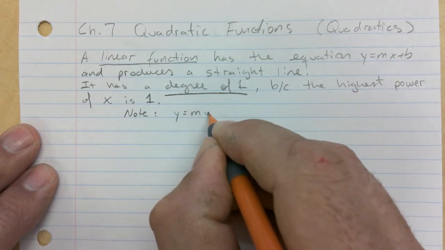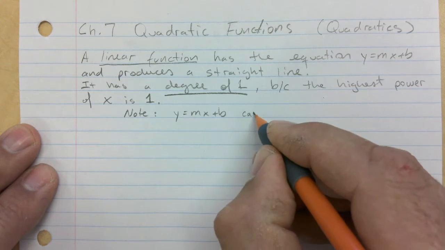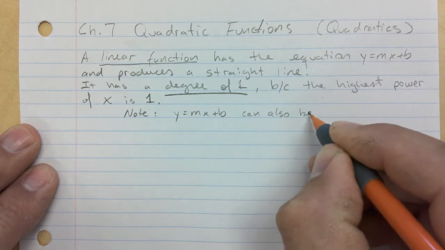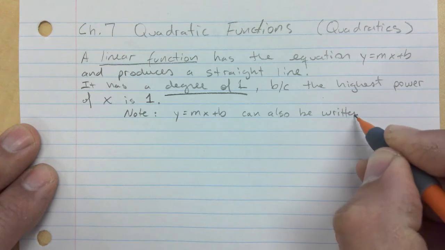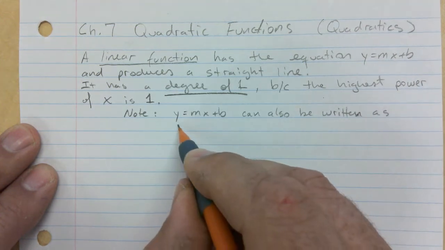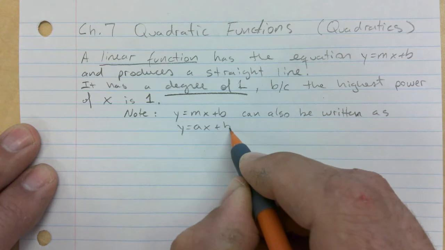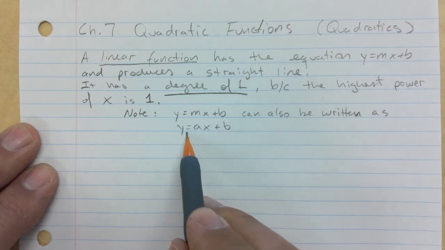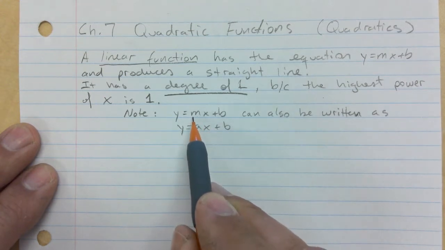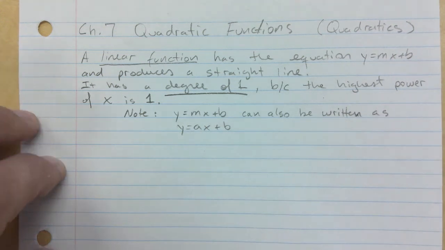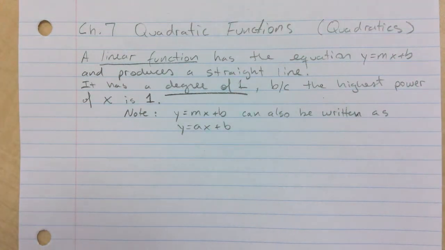Y equals mx plus b can also be written as y equals ax plus b. And next year, we're going to shift away from the m, because in grade 9, all we dealt with is linear equations. So we call it m, that's slope, right? But from now on, this year, you're going to be introduced to quadratic equations, which is x squared, x to the power of 2.